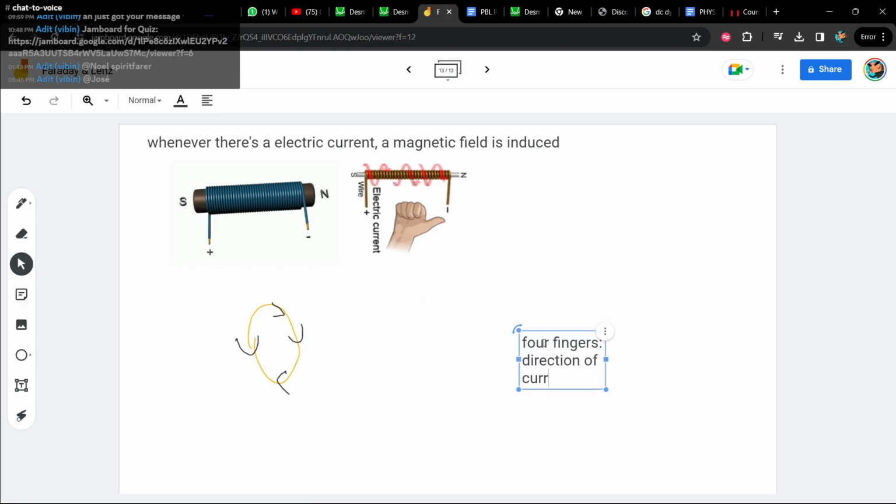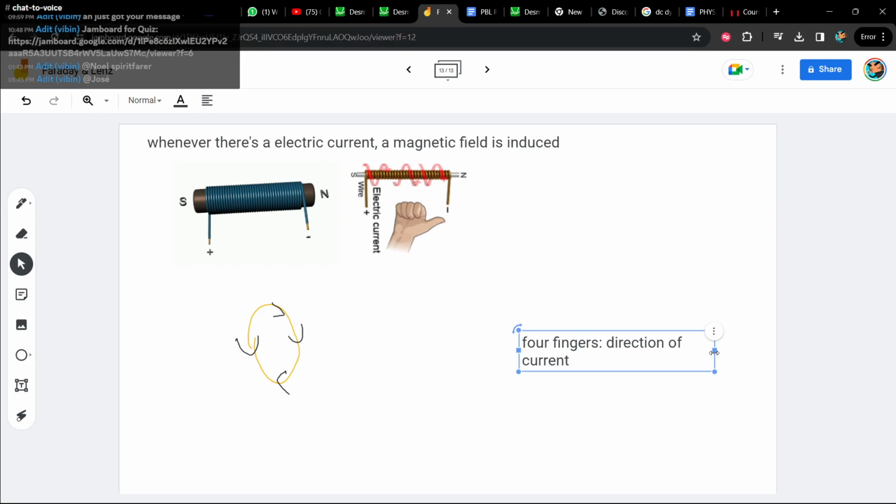In this case, because it's like a coil, you can put your thumb in front of you, and I suggest you do that in real life right now. You can see how your fingers coil. That'll be your direction of current. And wherever your thumb is, by the way, this must be your right hand, never your left, that is the magnetic field.